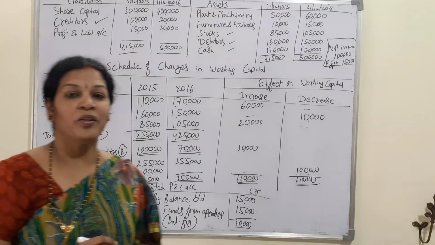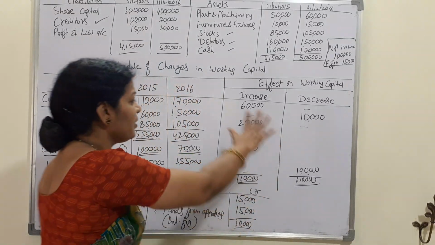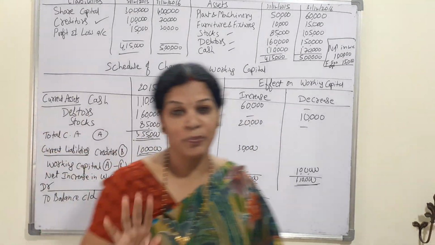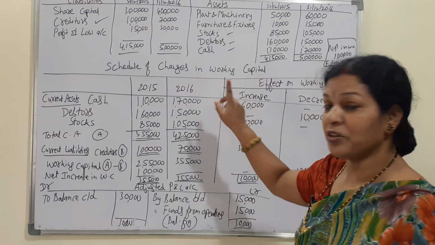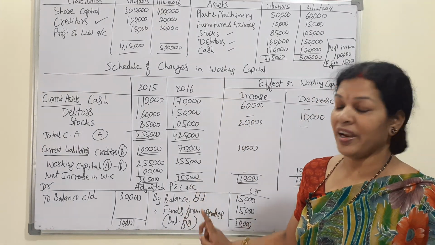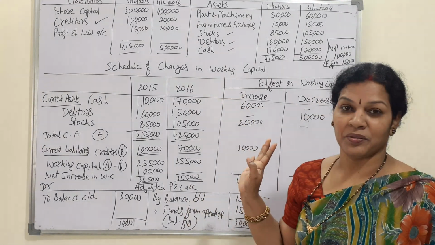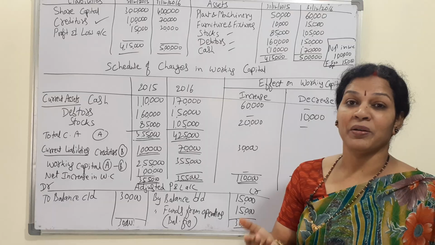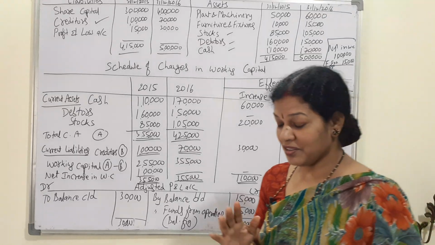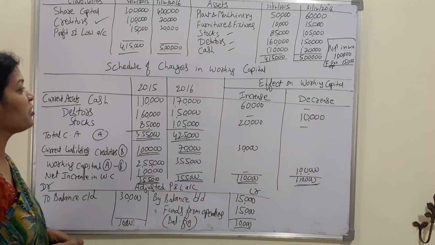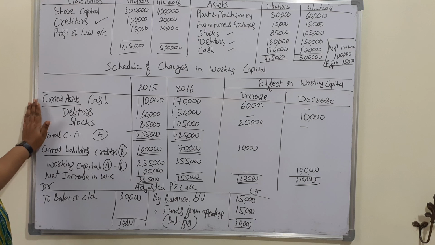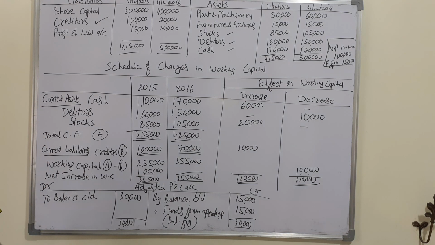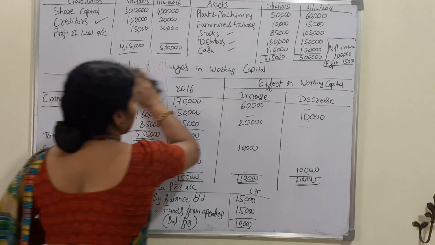I have written them in the corner because I am going to erase everything. Please pause the video and note down the schedule of changes in working capital and the adjusted P&L account. Then we will work on the fund flow statement. Am I clear? After this we will go for the fund flow statement.